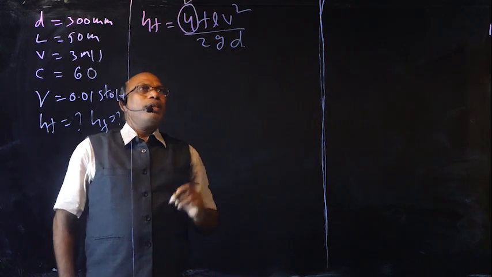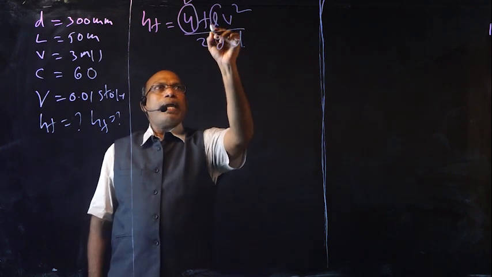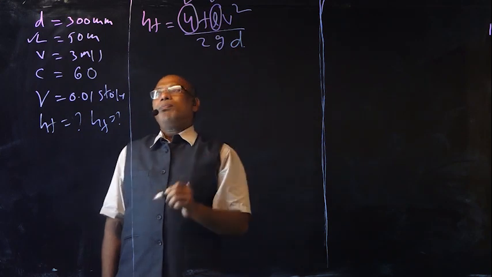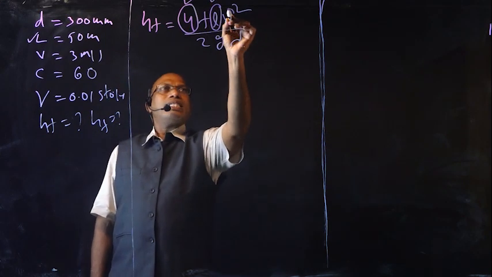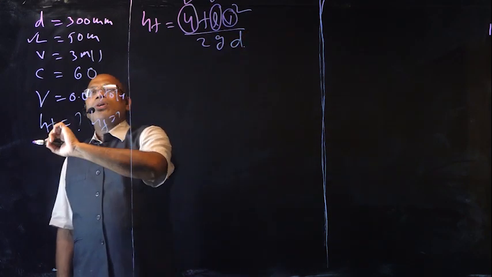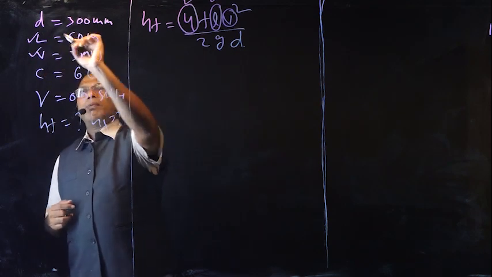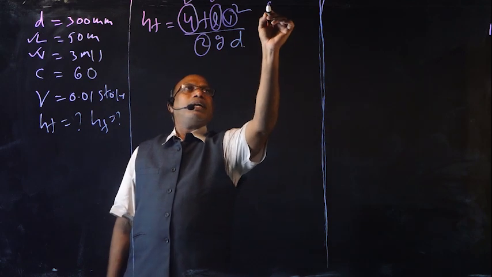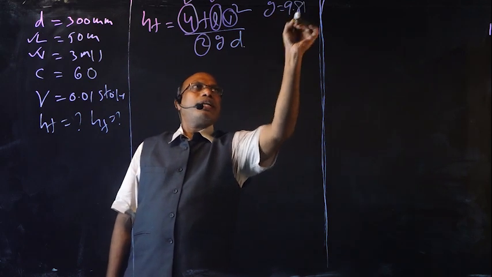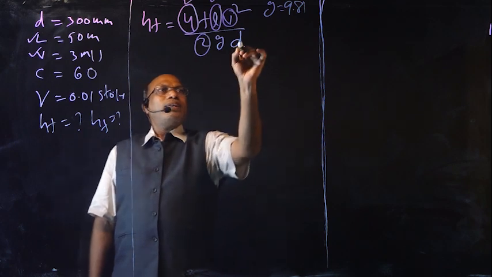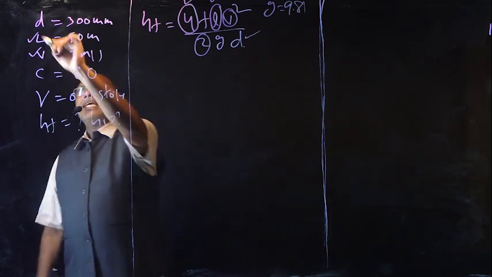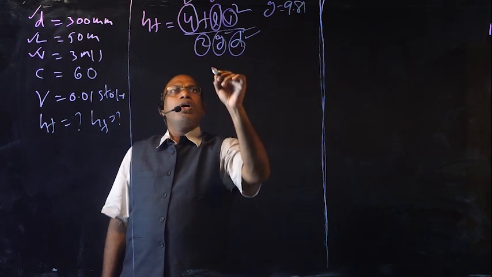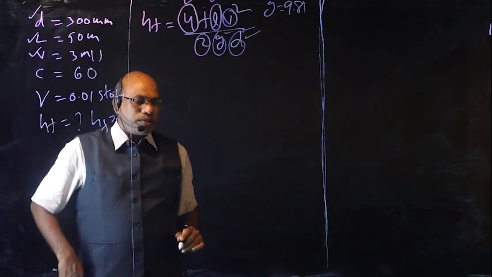Length of the pipe is given, no problem. Velocity is also given, that is 3 meter per second, and 2 is a numerical value. g is equal to 9.81. And diameter D is also given in this problem. Only unknown is f.